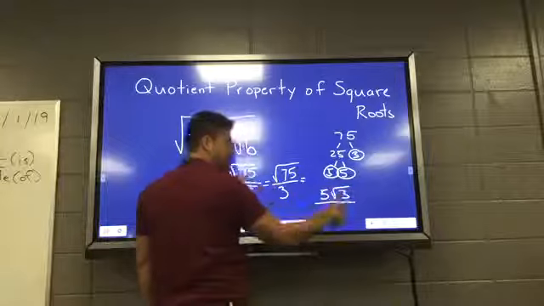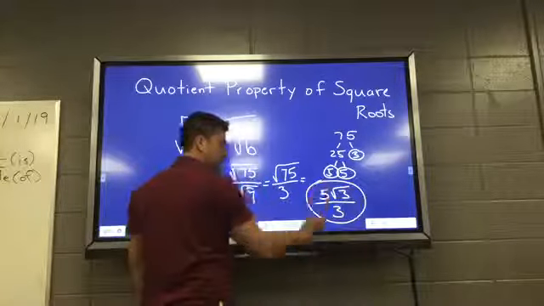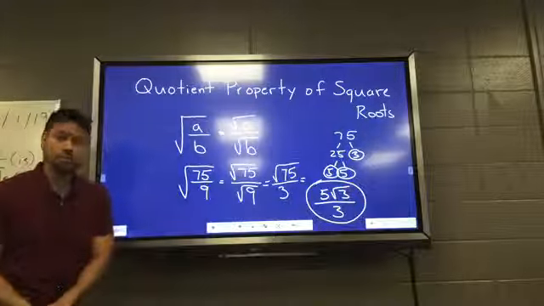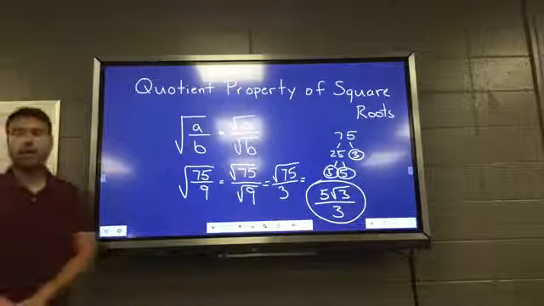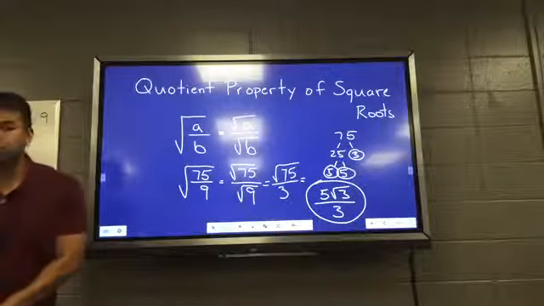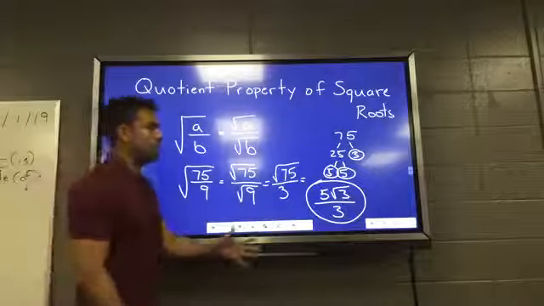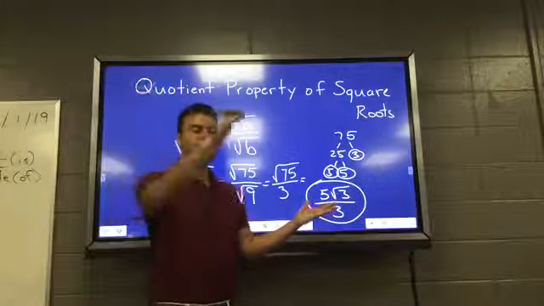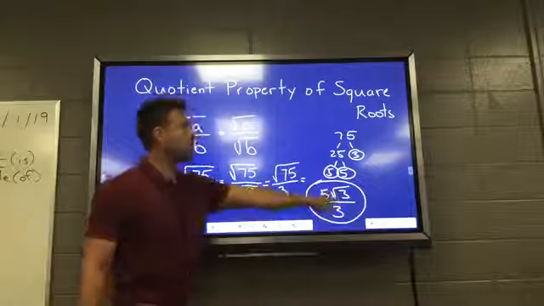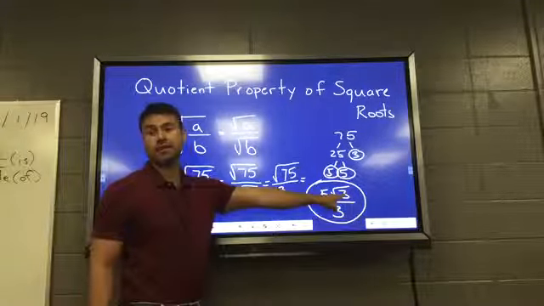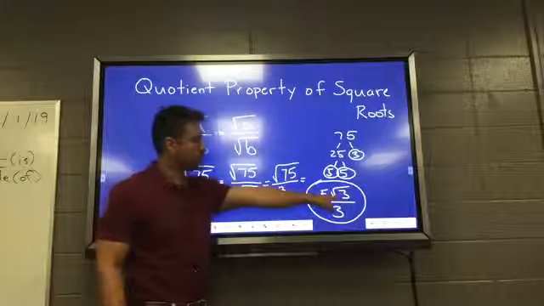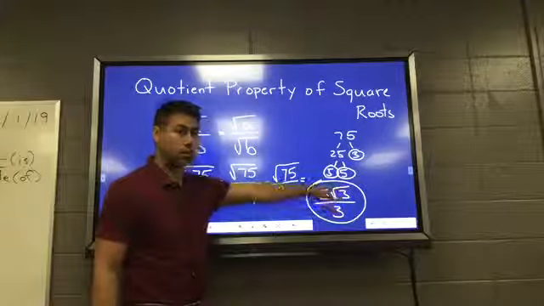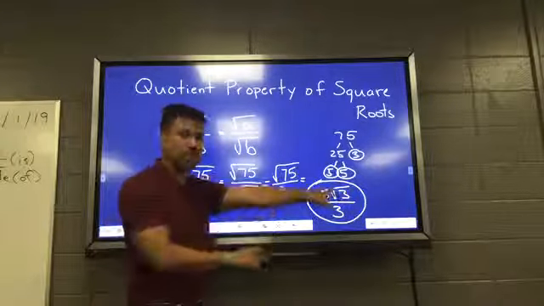Can I simplify any more? What do you think? Can I make it any simpler? No. All right, I'm going to give you a definition of simplified first. Whether you're dealing with square roots, cube roots, or fourth roots, the way you know a number is simplified is if this is true. Is there any perfect square inside the radical? No. So that part is simplified.